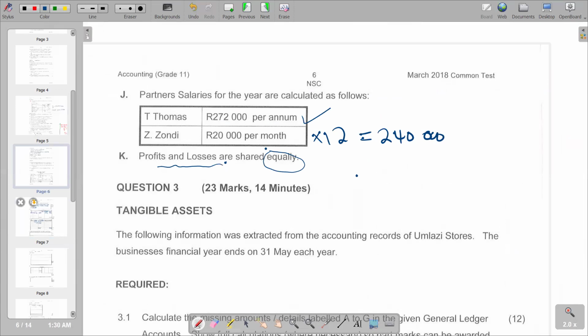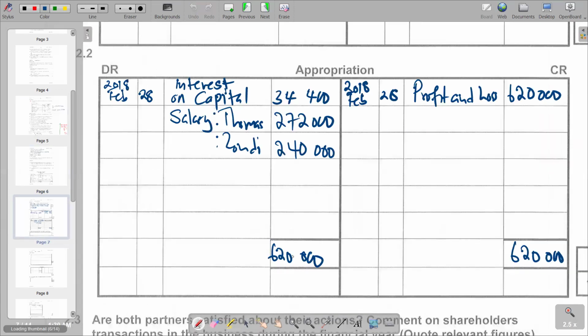So we come here, we now say 620,000 minus 240,000 minus 272,000 minus 34,400. And with that, we can see what we get there. We get 73,600.